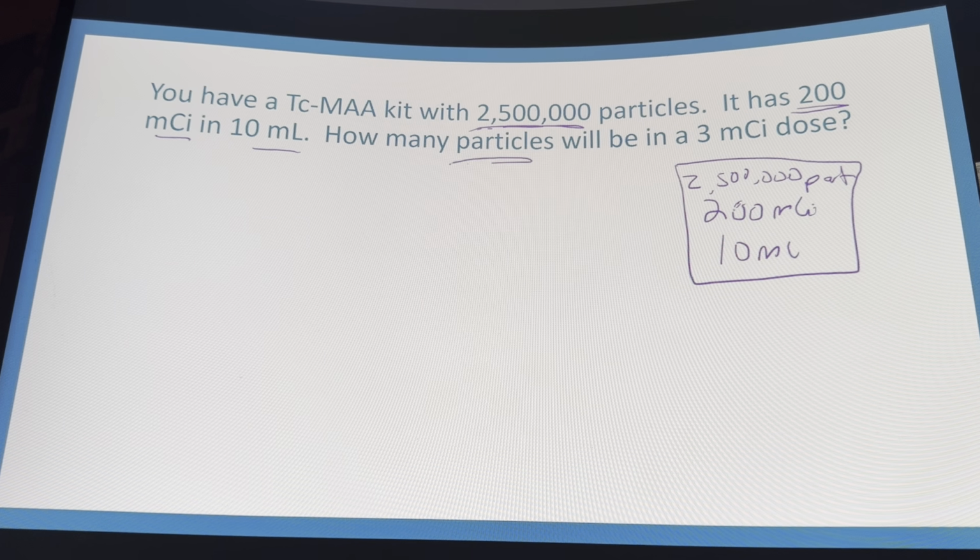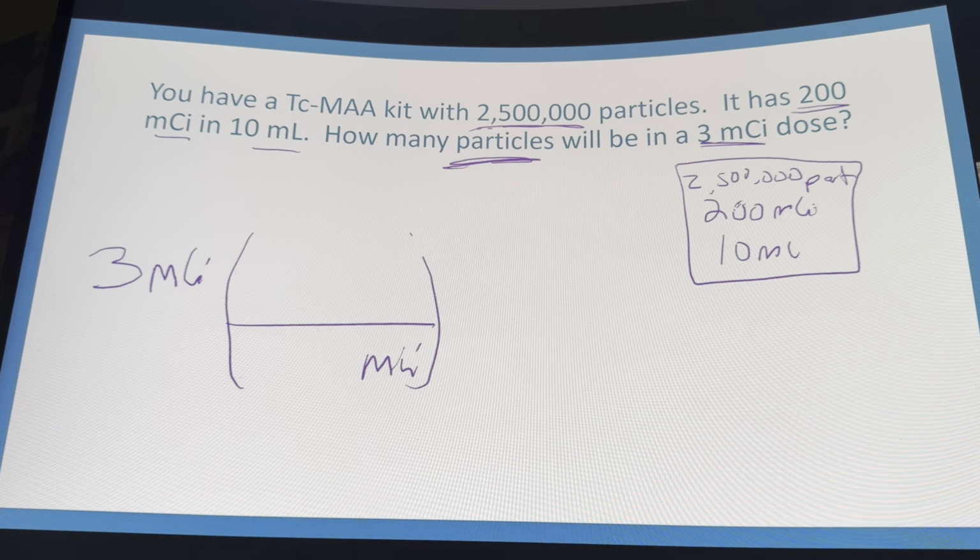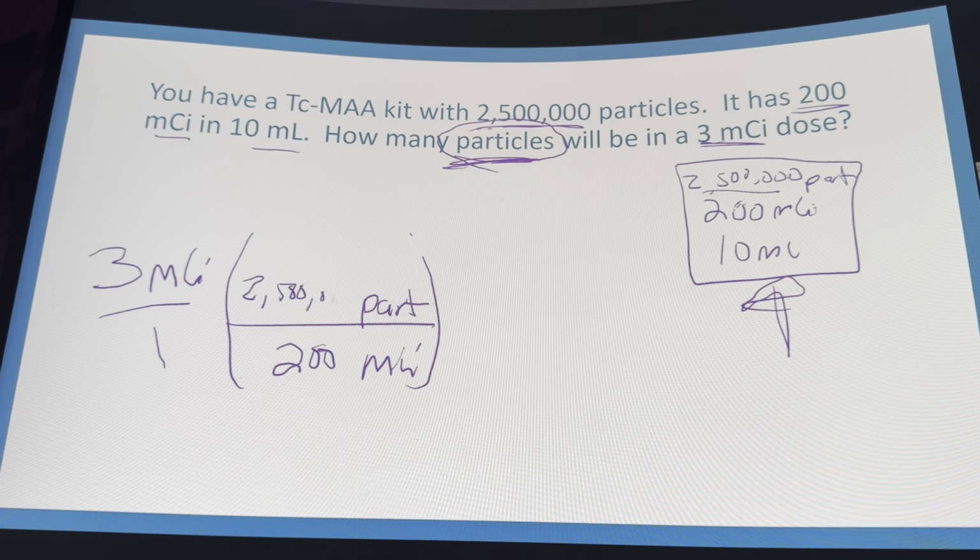So the question is, how many particles will be in a 3 millicurie dose? I'm going to start with my 3 millicuries. Whatever's on top goes on bottom. Now I have to go into my vial, and I'm only going to take what I need. I need millicuries, because I start with millicuries. I have 200 millicuries. It's asking me for particles, so I'm going to put particles up here and see how many particles I have: 2,500,000 particles.